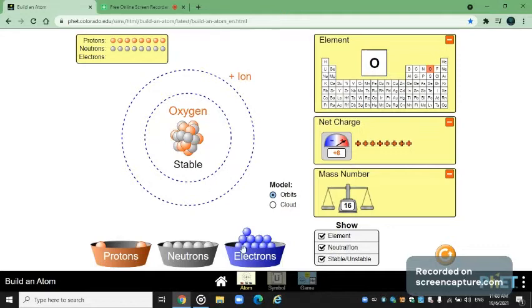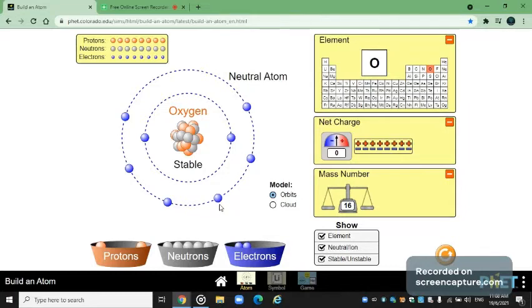But what about the electrons? We still have so many more electrons. 8 electrons. 1, 2, 3, 4, 5, 6, 7, 8. There you go.